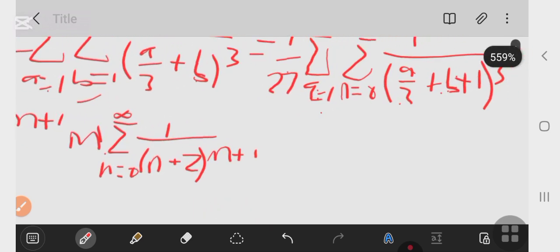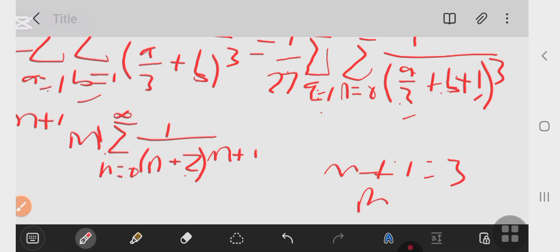Here, what are the equivalent terms? Z in this case is a over 3 plus 1. That is my z. Now this is 3 here, this is m plus 1. So if m plus 1 plus 1 is 3, then m has to be 2, right? M has to be 2. But something is not right here.